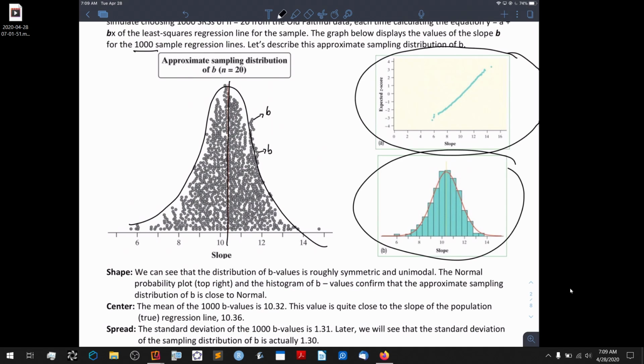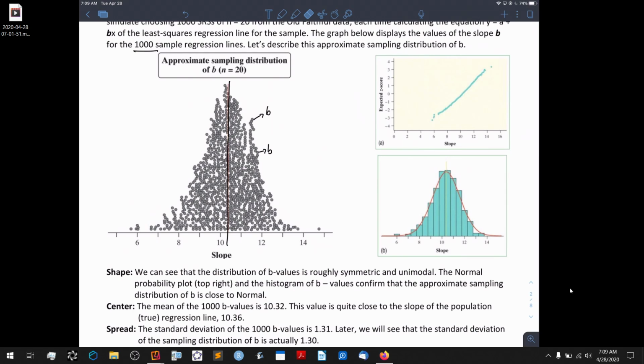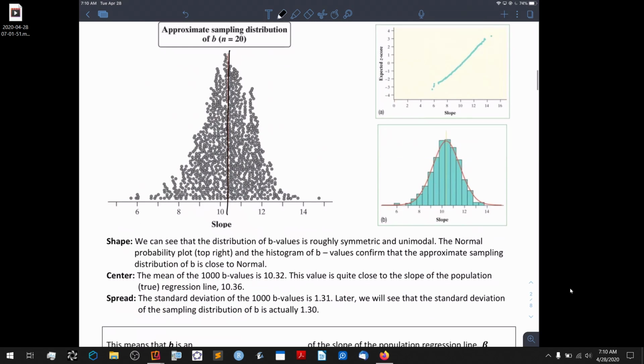So you can feel very confident at this point that the distribution is approximately normal. And what's the center of our approximate sampling distribution after 1,000 samples of size 20? I get 10.32, and this is the truth.